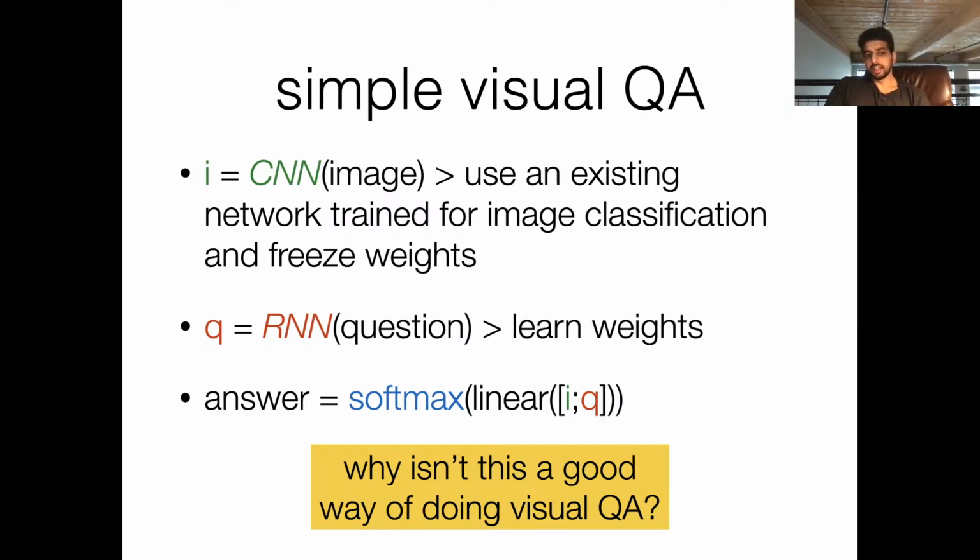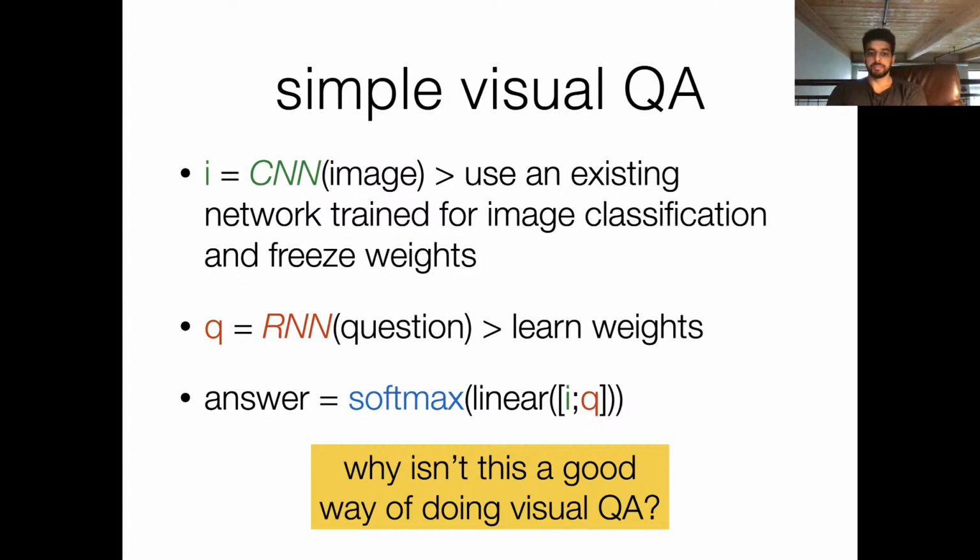And so then one way to just predict the answer is to apply a softmax layer to the concatenation of my image vector and my question vector. However, this is a terrible way of doing visual question answering.